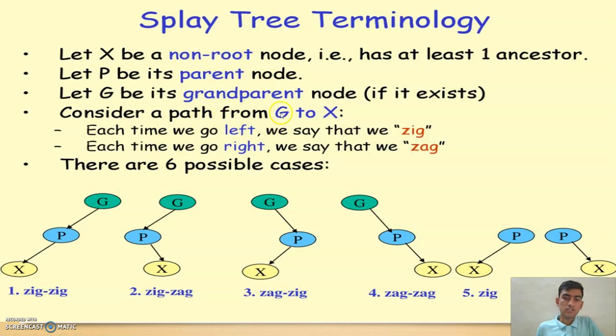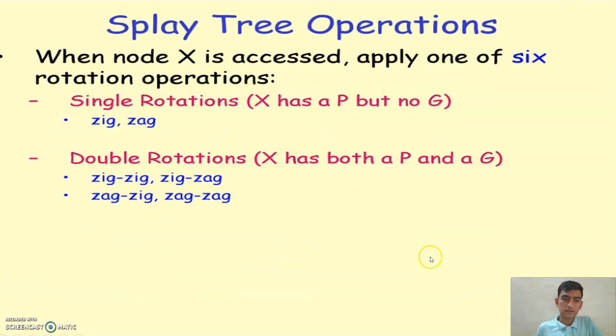Consider a path from G to X. Each time we go left we say zig, and each time we go right we say zag. There are 6 possible cases: zig, zag, zig-zig, zig-zag, zag-zig, and zag-zag. When node X is accessed, apply one of the 6 rotations.